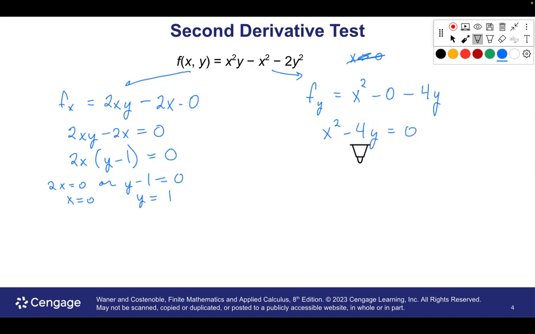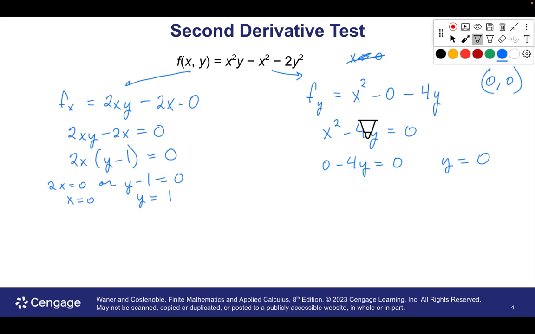No real way to solve this, but we can plug in the values for x. So we put in 0 for x. We get that divided by negative 4, that y would be equal to 0. So we've got a critical point at 0, 0.